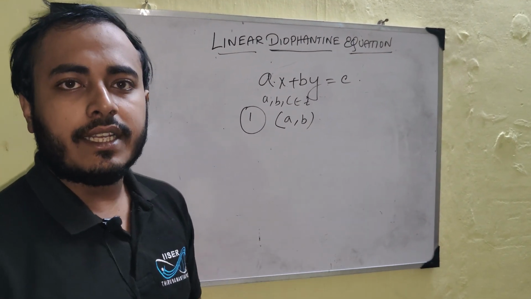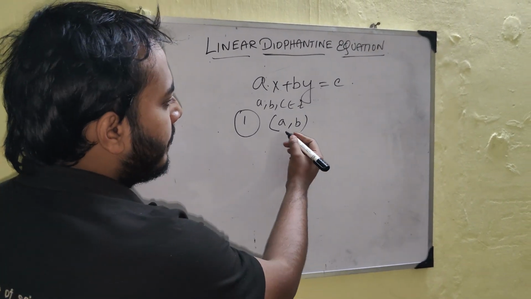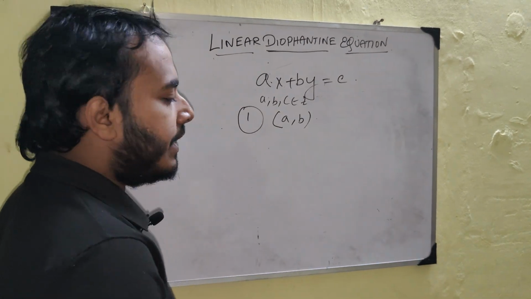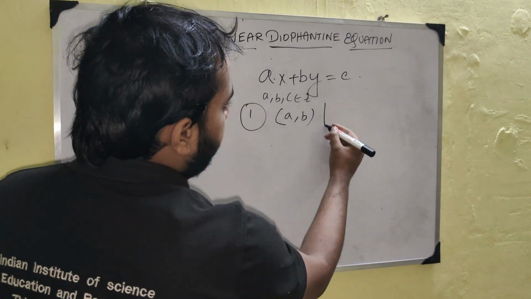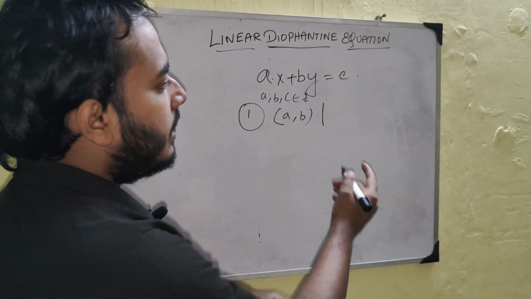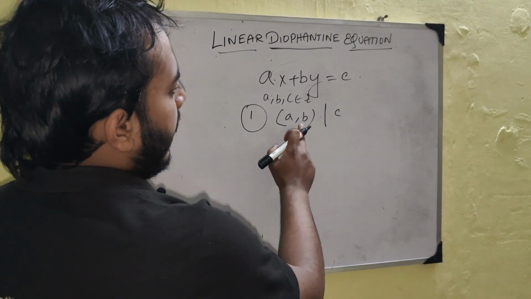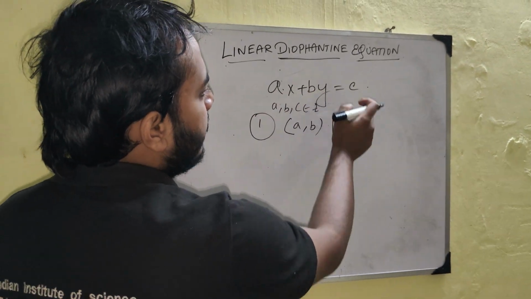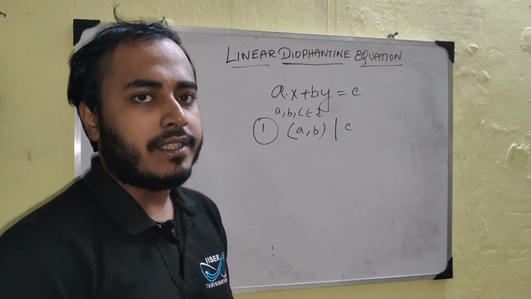This is the notation followed by mathematicians to write the GCD of two integers. This must divide c. This notation denotes that something divides something. So as long as the GCD of a and b divides c, this equation has infinitely many solutions.